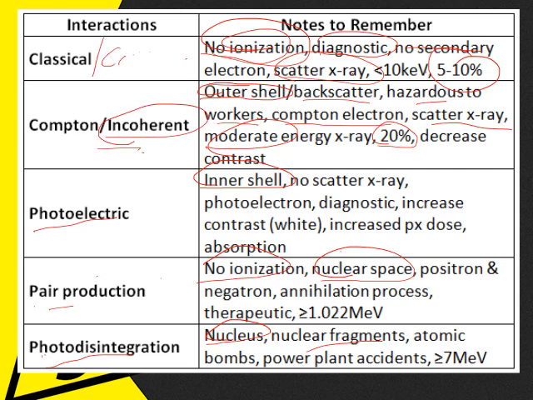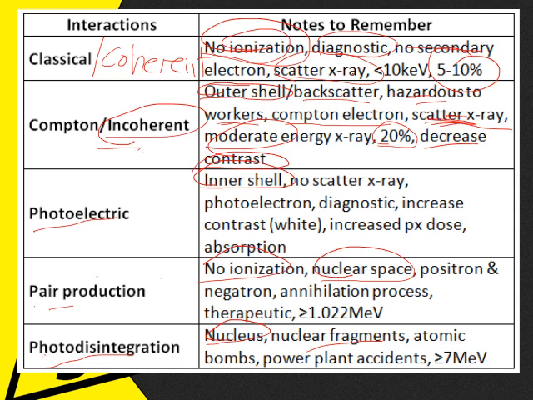This one is also called coherent. Okay? Because of the scatter radiation, yung pinaka-negative effect niya aside sa hazardous siya sa radtech, is it decreases contrast because of the scattered X-ray.